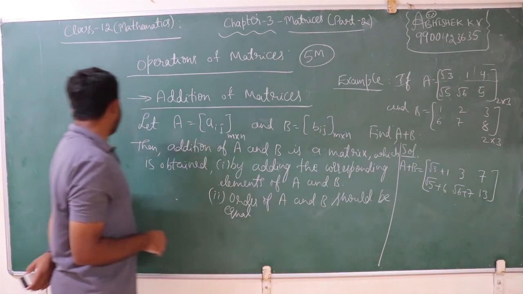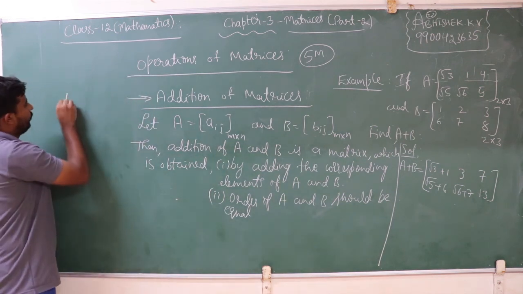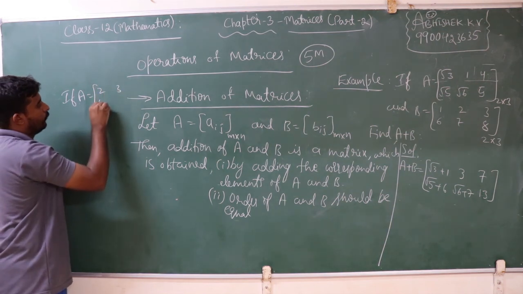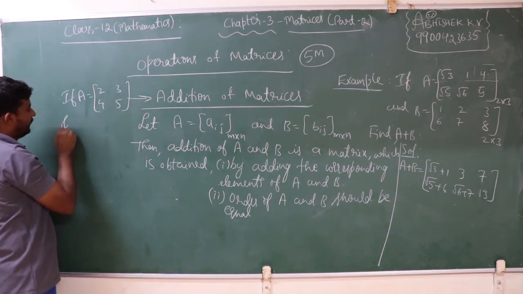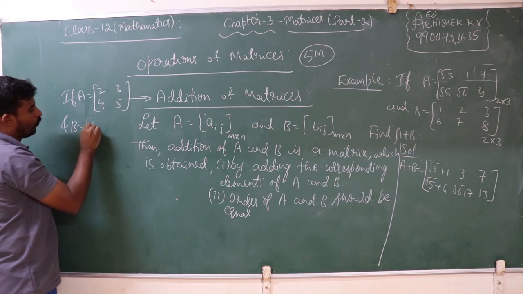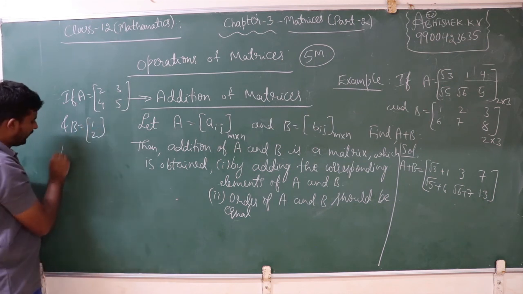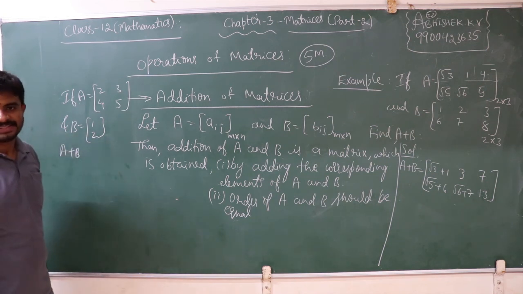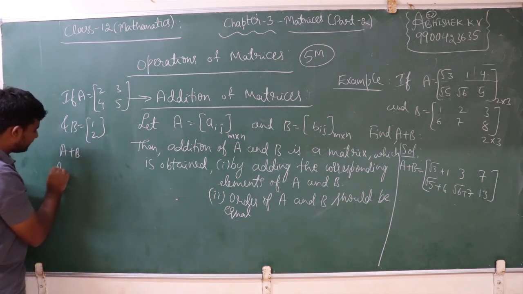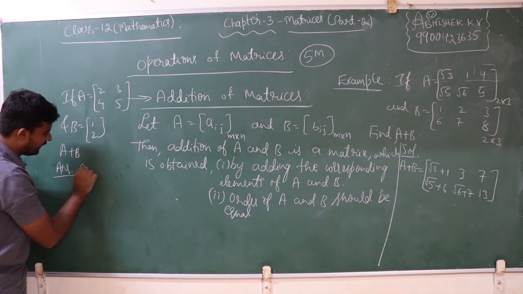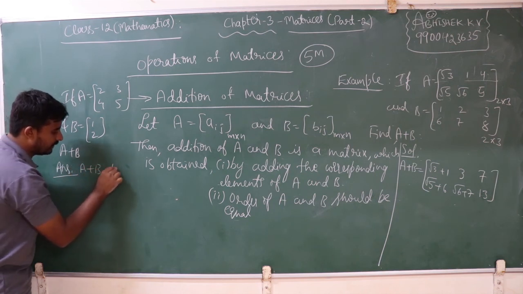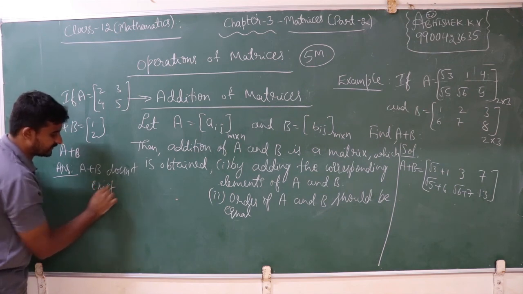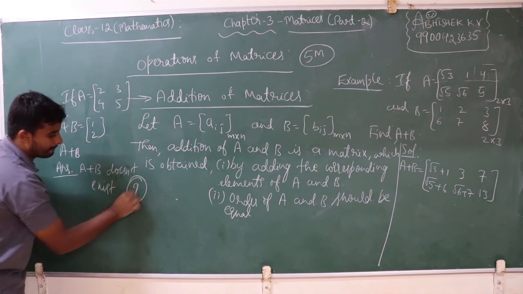Suppose the examiner gives A is equal to 2, 3, 4, 5 and B is equal to 1, 2, find A plus B. See, the answer is A plus B does not exist. Question is why?